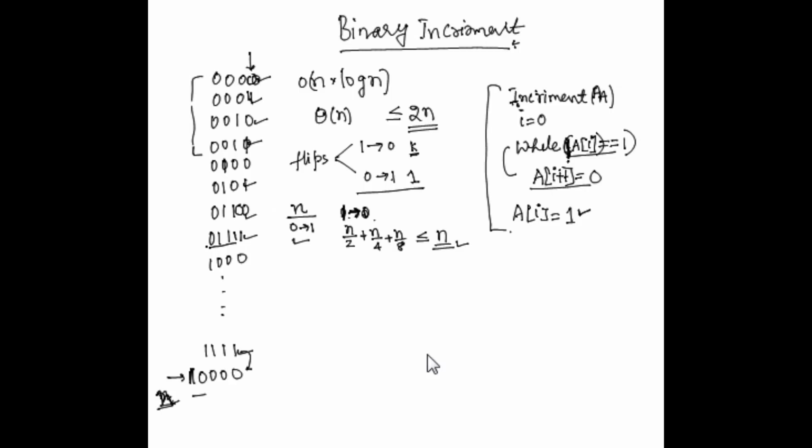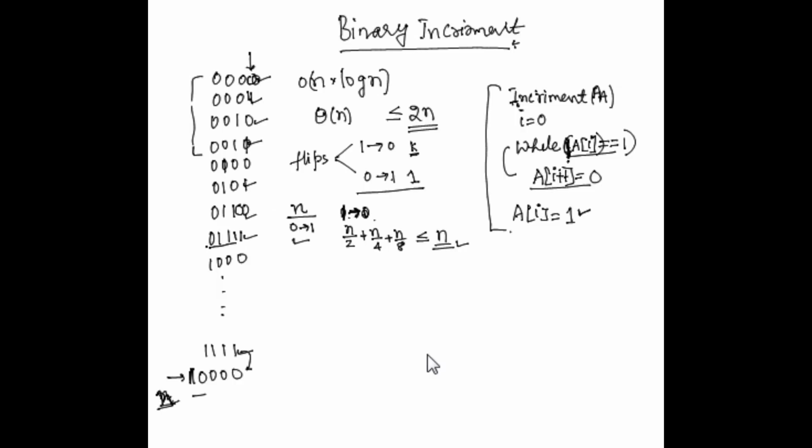So the number of times you are going to change 0 to 1 is exactly equal to n, and 1 to 0 can also be at most n. Intuitively, initially everything was 0, so in every iteration I will certainly change a 0 to 1, but I don't know how many times I am going to flip 1 to 0. The number of flips of the type 1 to 0 should always be smaller than the number of flips of the type 0 to 1, because in every iteration I am only going to change one 0 to 1.